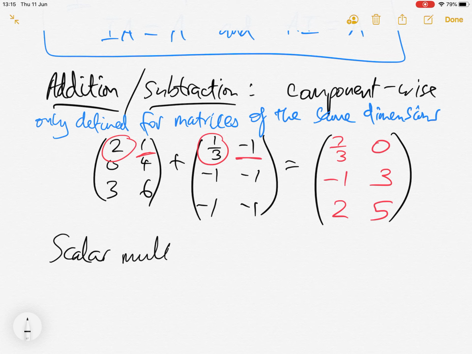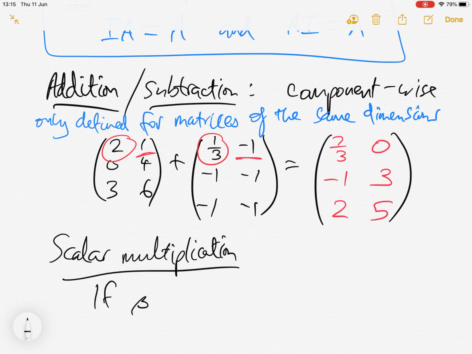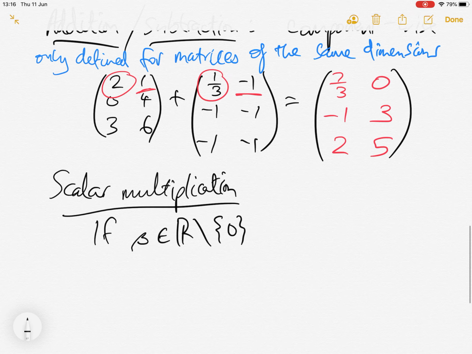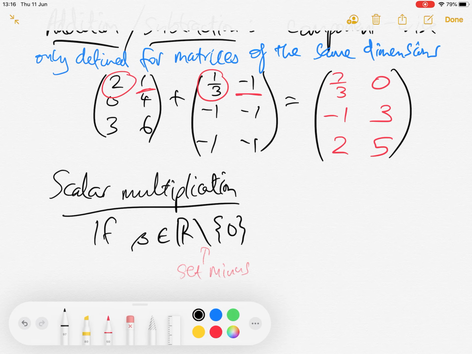So now on to scalar multiplication. If beta is a real number that's not 0, I don't know if you've seen this notation before. This symbol here is called set minus, so this means not including.